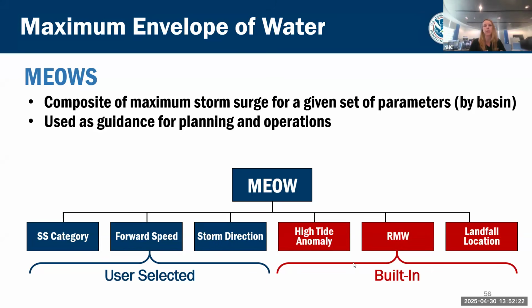We know that the storm size can modulate how much water a storm can push. So we do account for larger storms in the MEOWs. And you'll see that the landfall location is also perturbed in the MEOWs, and so you won't need to worry about landfall location. And again, these are used as guidance for planning and operations.